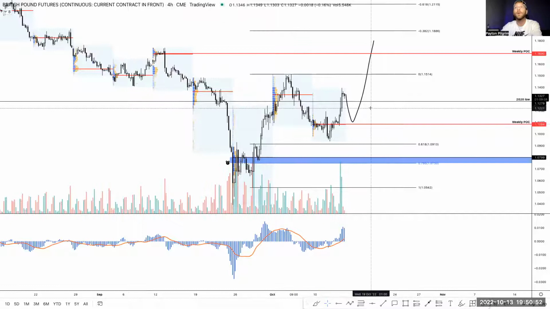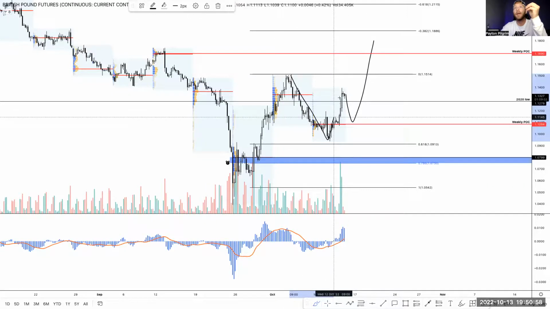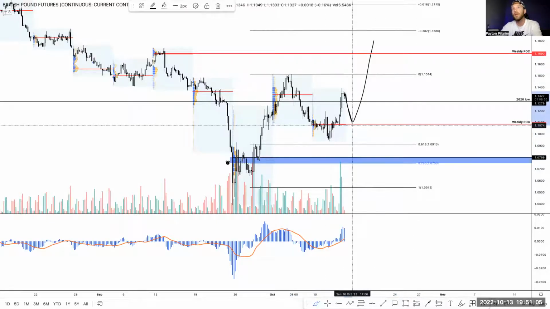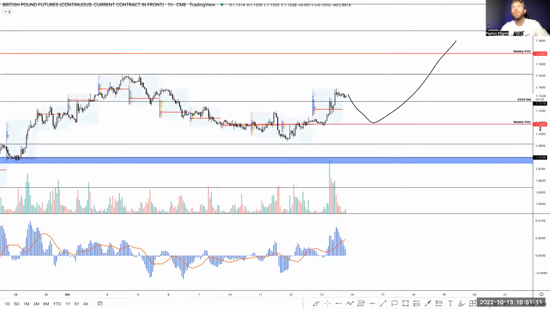So now let's go into the lower time frame, because it could still very well A, B, C down into this area. I will still look for buys down here. If this fails, okay, that would just be a failed trade, and that's okay. But on the 1 hour, this is what I'm looking at.